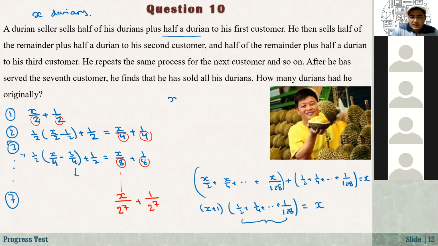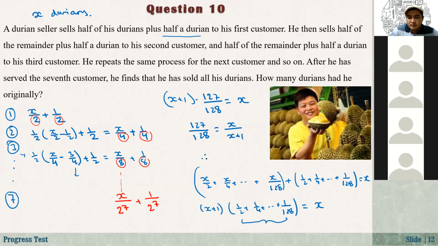If you calculate this, (x plus 1) times the whole thing is 127 over 128, and on the right-hand side we have x. Divide both sides by x plus 1, and we get x over x plus 1 equals 127 over 128.